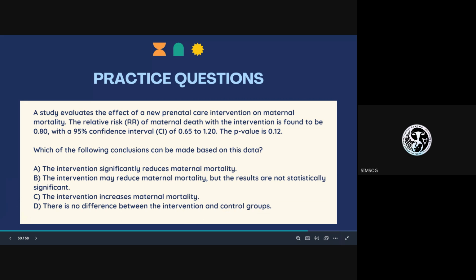This can also be the right answer, but amongst B and D, the best option would be B, because it is saying it may reduce, but the results are not statistically significant. This is a more specific and to the point answer. So I will go with option B, and the second option would be option D. Option A and option C are totally wrong.